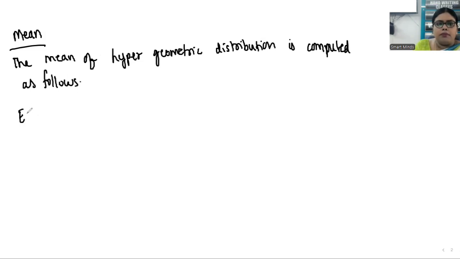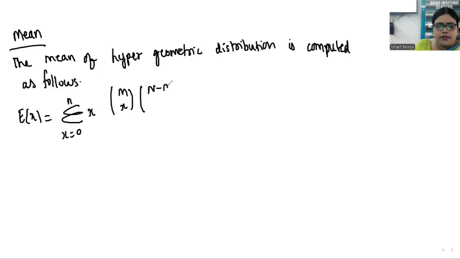It is denoted by E of x, that is sigma x is equal to 0 to n x into mCx N minus m C n minus x by NCn.